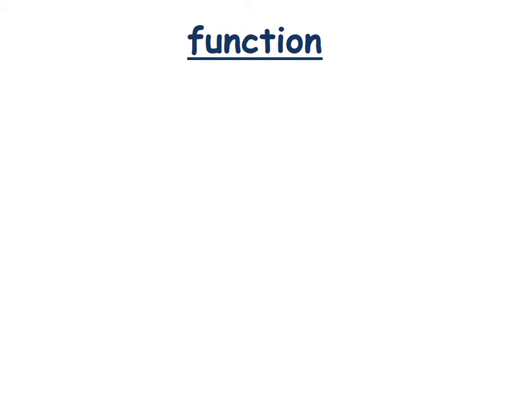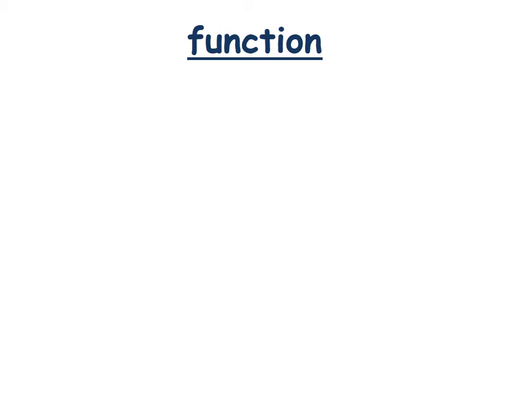And we have the concept of relation, which is a subset of the Cartesian product, and it means I want to pick some ordered pairs from the Cartesian product that satisfy a certain condition. And the last concept we have is function.